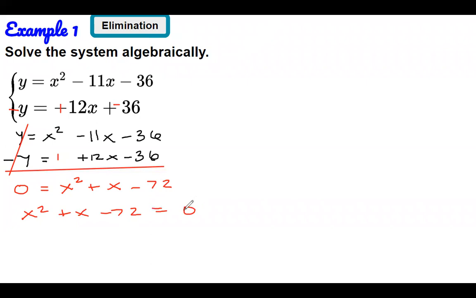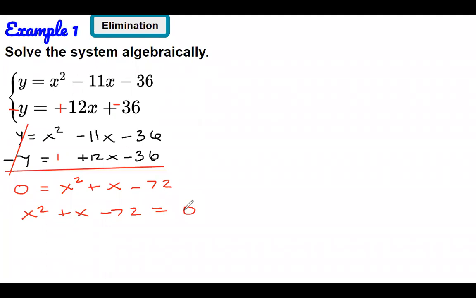Now from here, we can choose how we want to solve this quadratic. We can choose either factoring, or we can use the quadratic formula.